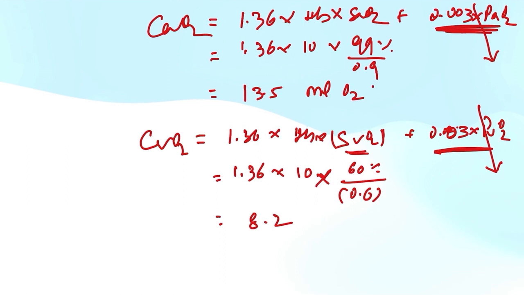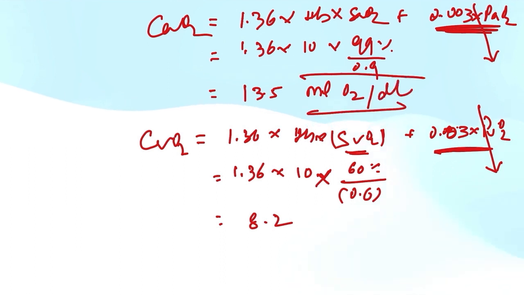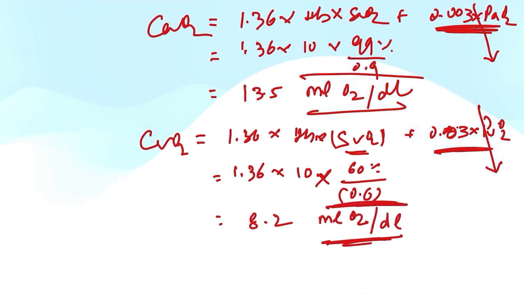And the units are ml of oxygen per deciliter. So remember it. For further calculation purpose, we will be converting this ml per deciliter into ml per liter, because our cardiac output calculation is in liters per minute. So we need to modify these units by multiplying these values by 10, so that we convert ml per deciliter into ml per liter. Okay, hope we are clear till now.